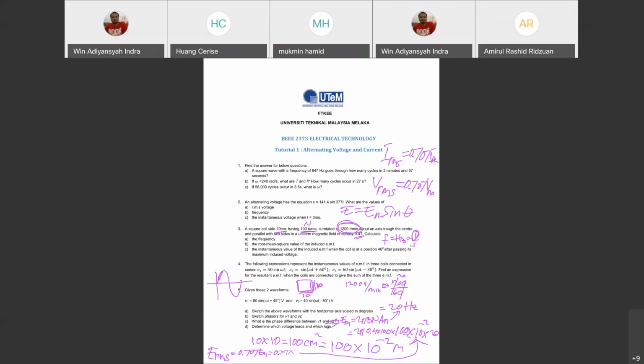Maximum induced voltage is here, right? The degree here is pi over 2, or 90 degrees.